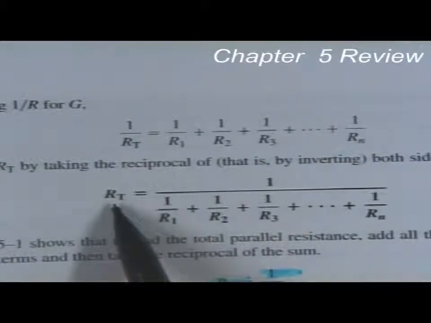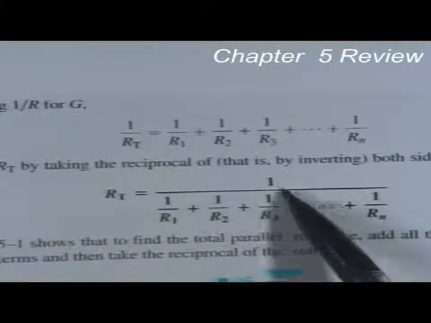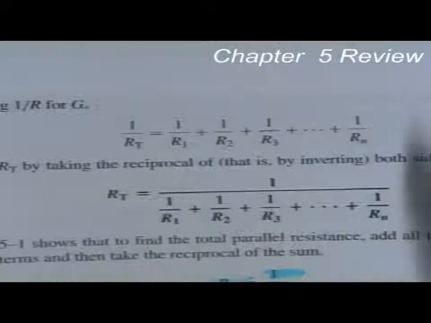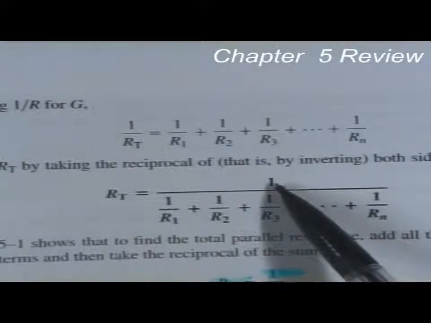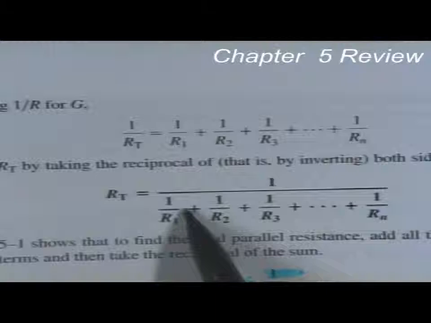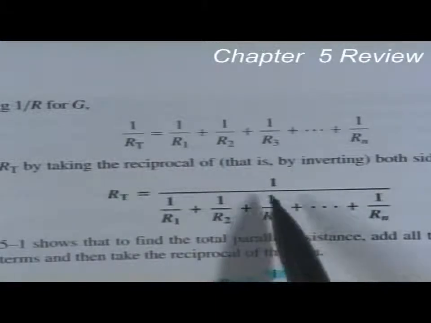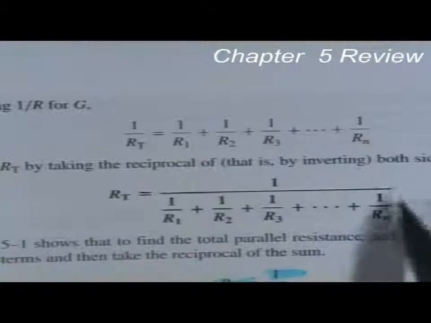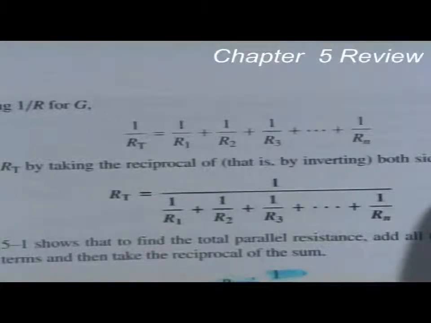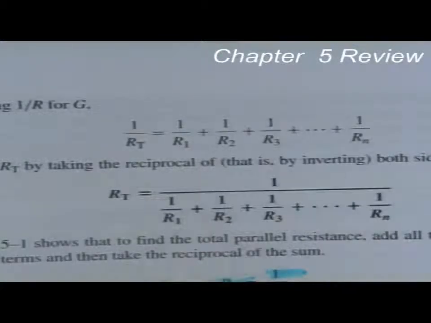I'm only speaking of a parallel circuit. And you notice here the reciprocal formula. What that is: 1, just the numeral 1, divided by the reciprocal of R1 plus R2 plus R3 on out to however many resistors that you have. Now, that's basically what I want you to know right now. That's all I really need you to know.